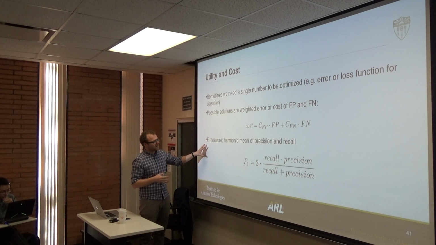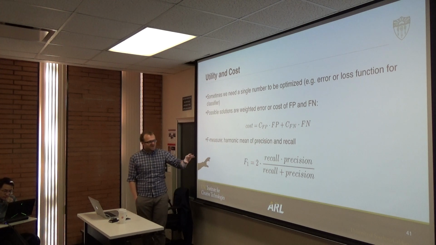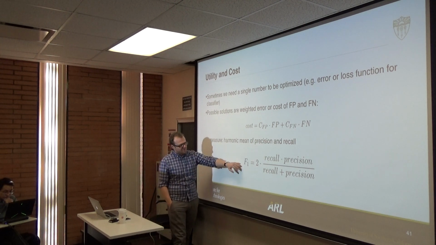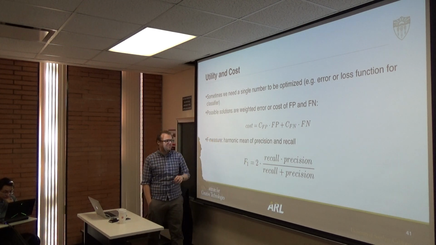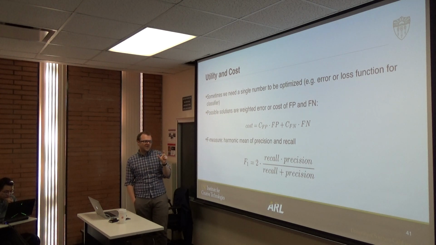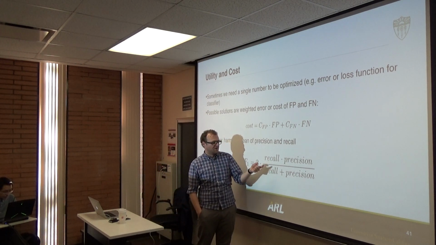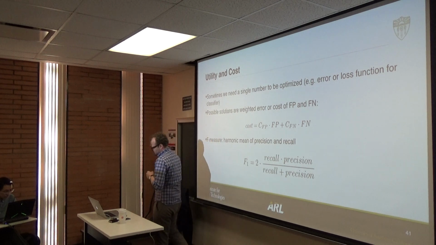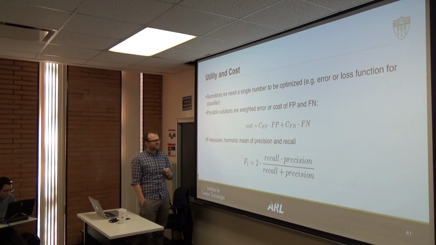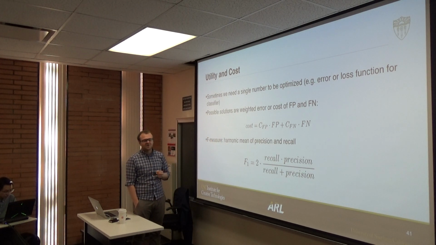And then the second one here, which is one of my favorite measures, is the F1 measure, which weights recall and precision the same way. Okay, so it is equally important for this measure to have a good recall as well as a good precision. So that's the harmonic mean of precision and recall.